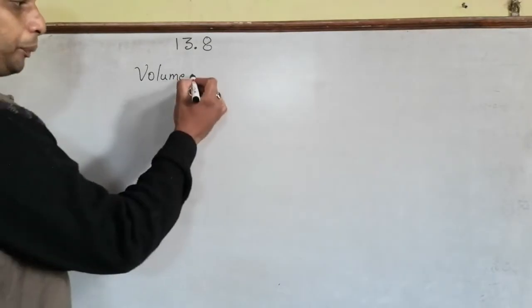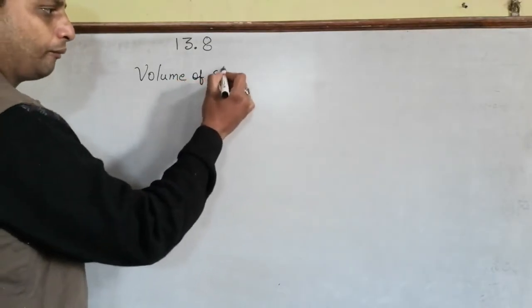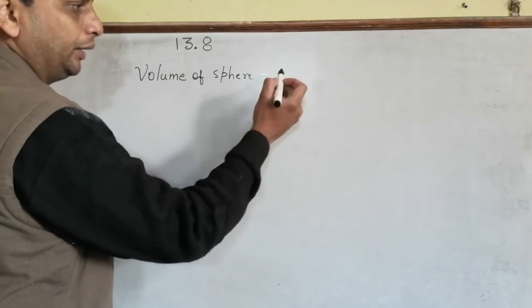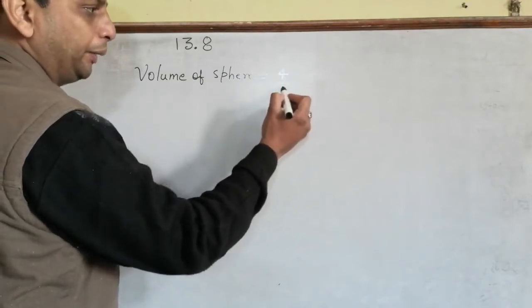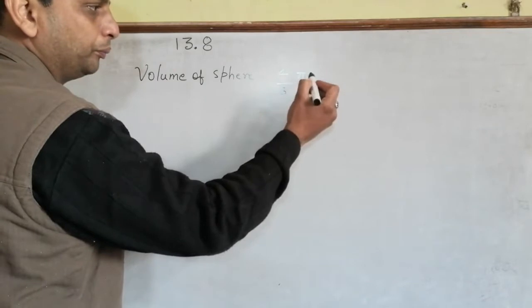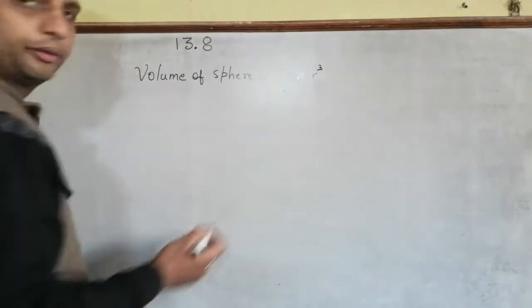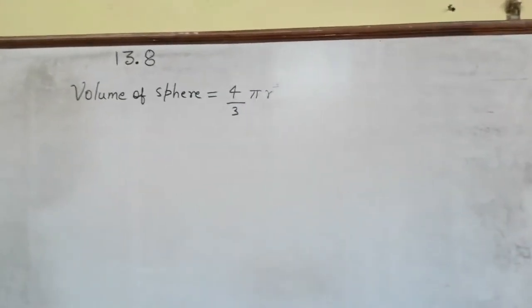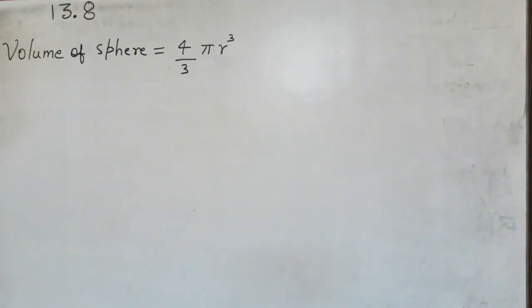Now, volume of the sphere, we have the formula 4 upon 3 pi r cube. R is the radius. 4 upon 3 pi r cube is the formula for the volume of the sphere.